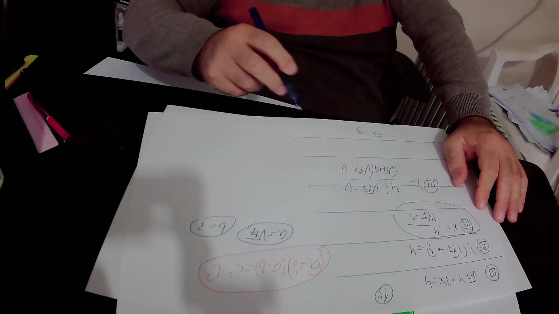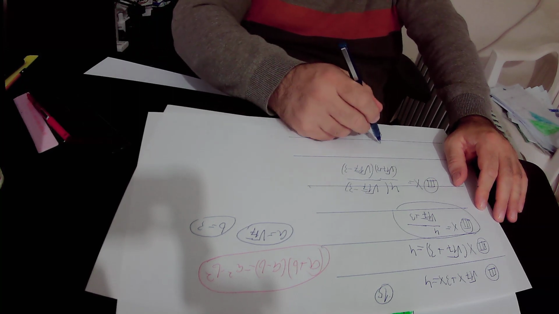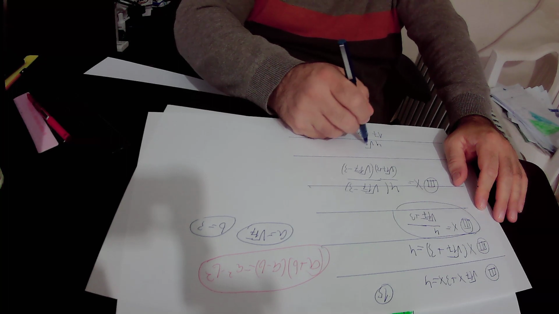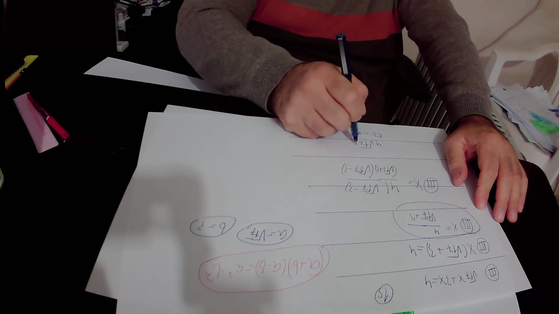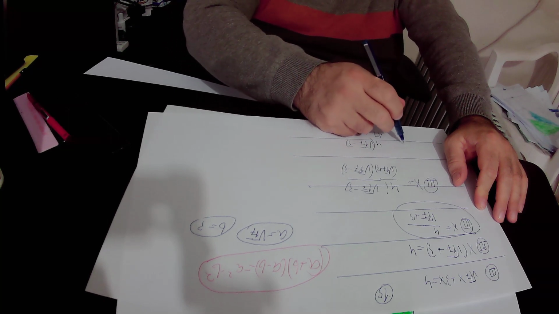So in the denominator we will have 17 minus 9, and here we also have 4 times square root of 17 minus 3, and it equals x.